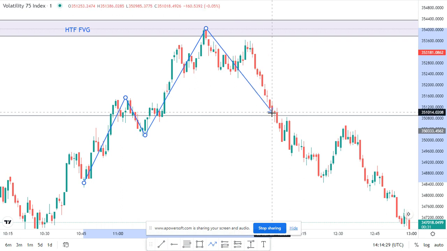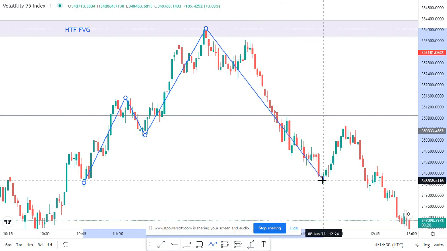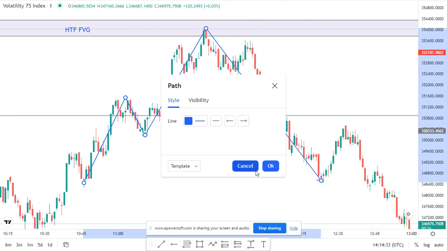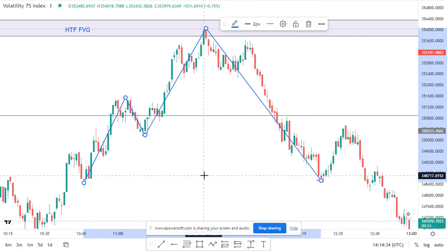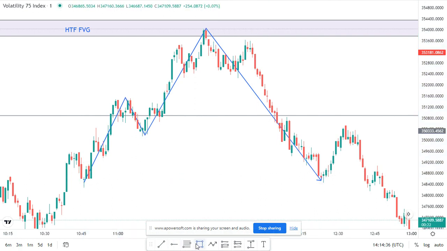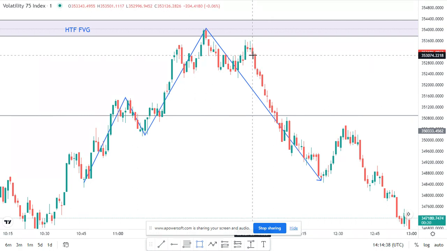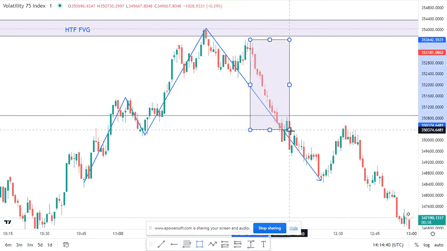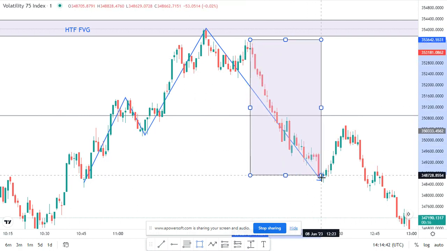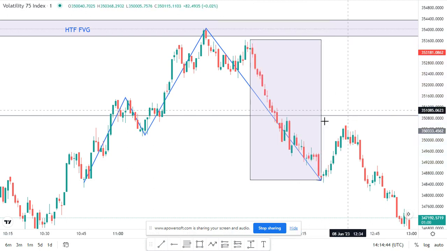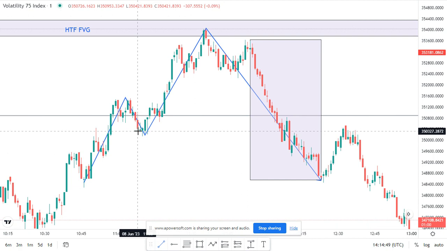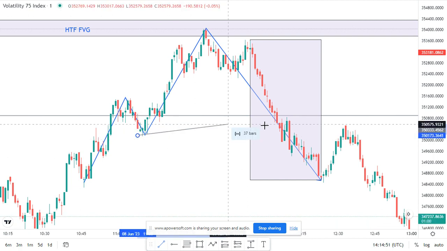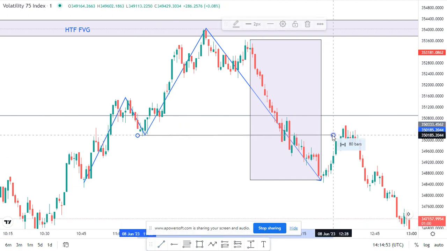This is what we call displacement. This whole move is a strong move to the downside, which breaks this low, right? As you can see, we break this low.